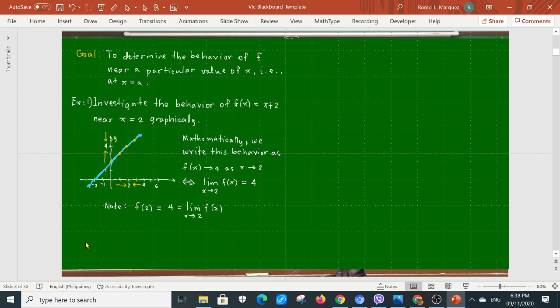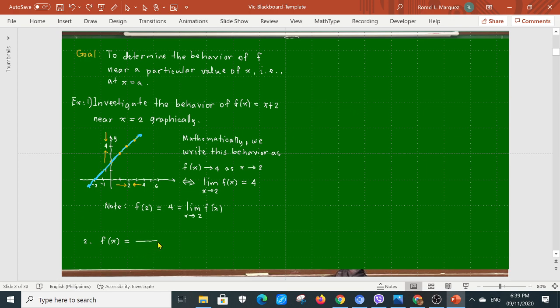Another example, number 2. Investigate the behavior of f of x. Let's say f of x is equal to... what is a better function? Let me think.